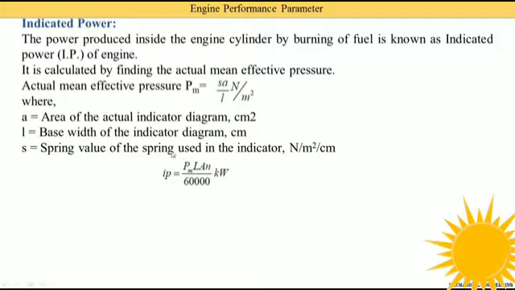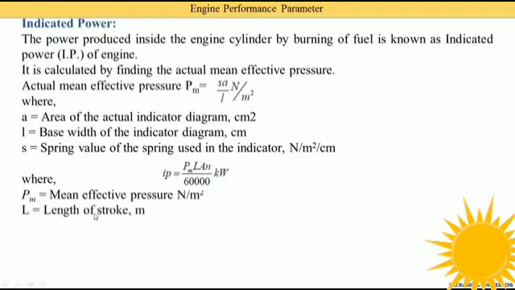Then IP, indicated power, becomes P m L A n divided by 60,000 kilowatt. Pm is the mean effective pressure in Newton per meter square. L is the length of stroke in meter. A is the area of cross section of the cylinder in meter square.